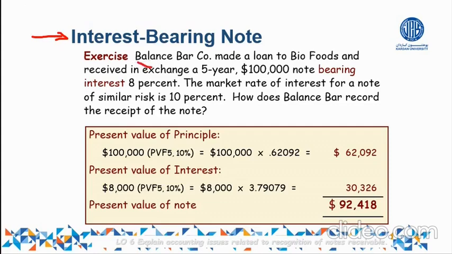Again, we are representing Balance Barco Company, which made a loan to Biofoods and received a note in exchange. The life of the note is 5 years, and the face value is $100,000. According to the contract, the note offers an 8% interest rate, so that's the contract percentage.